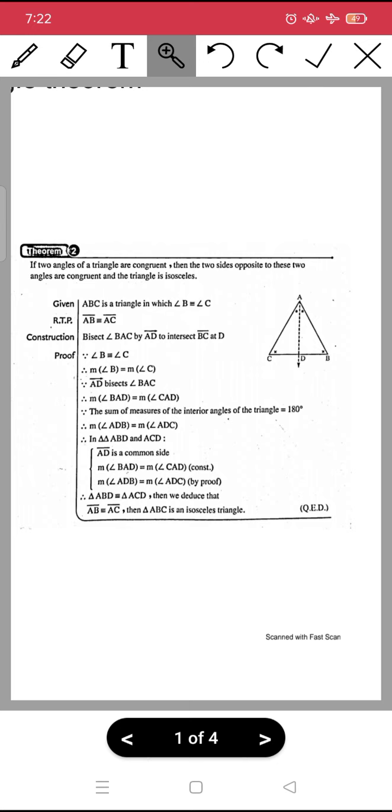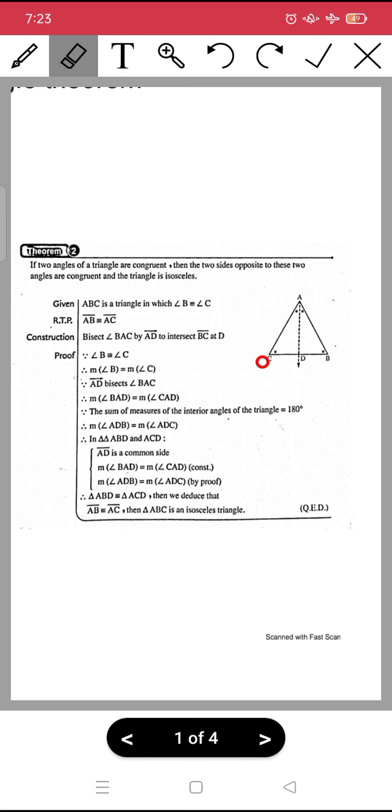First, theorem 2 says that if two angles of a triangle are congruent, then the two sides opposite to these two angles are congruent and the triangle is isosceles. It is the opposite of the previous lesson, where we said that if we have an isosceles triangle with two equal sides, then the two base angles are equal in measure.